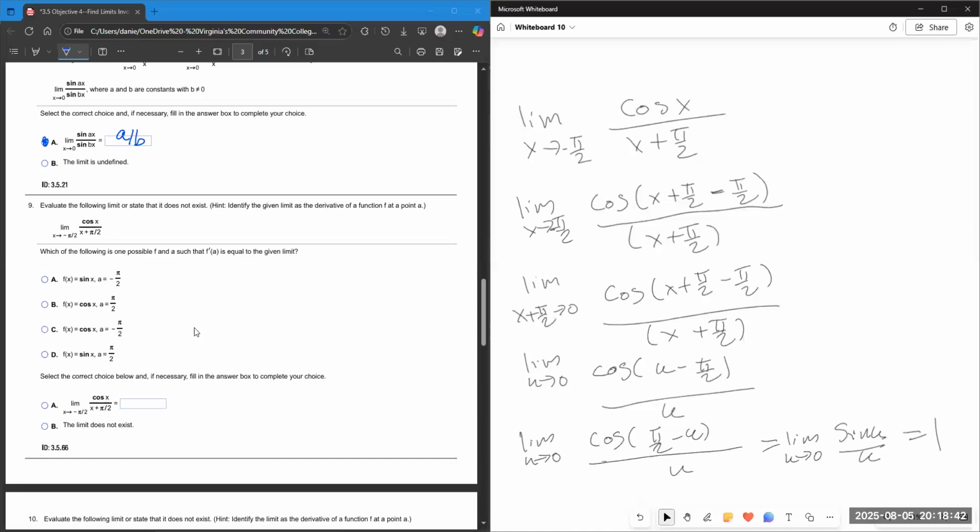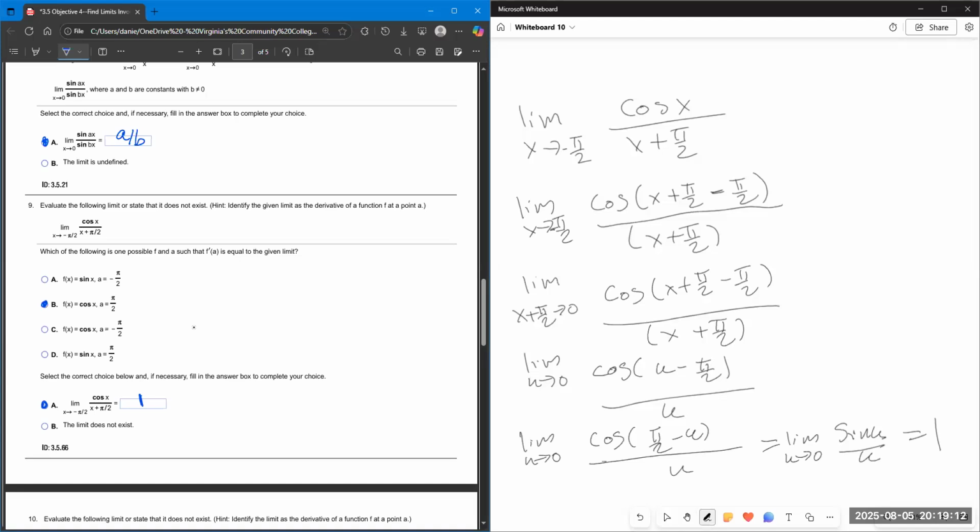Now they say that you can do this with a derivative formula, with f of x being cosine and a being negative pi over 2. So let's see it that way.